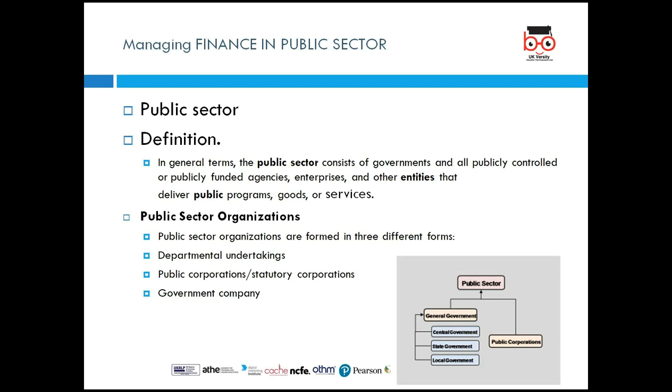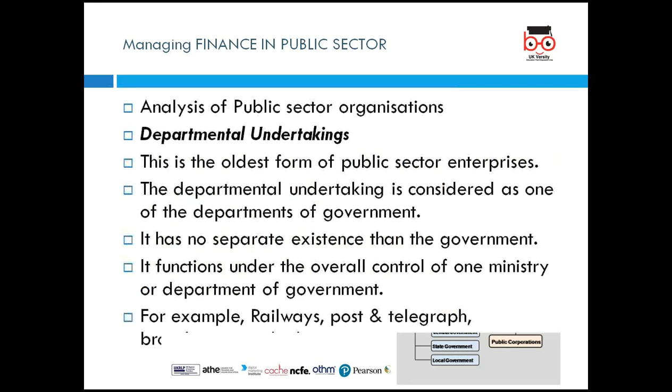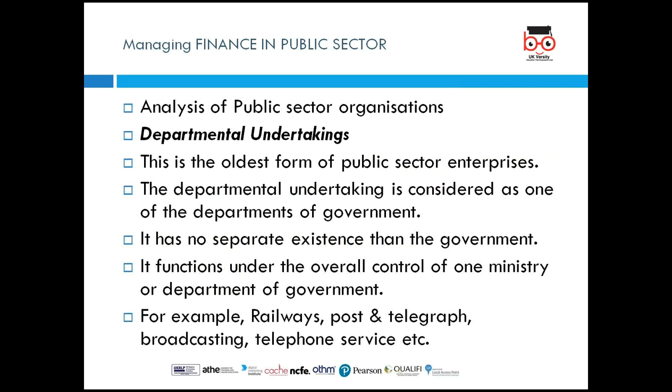Right. So previously, the railway system was a public sector organization in the UK, but it has now been privatized. So it's no longer a public corporation. It's now a private corporation. Right. Let's move on to the next slide.